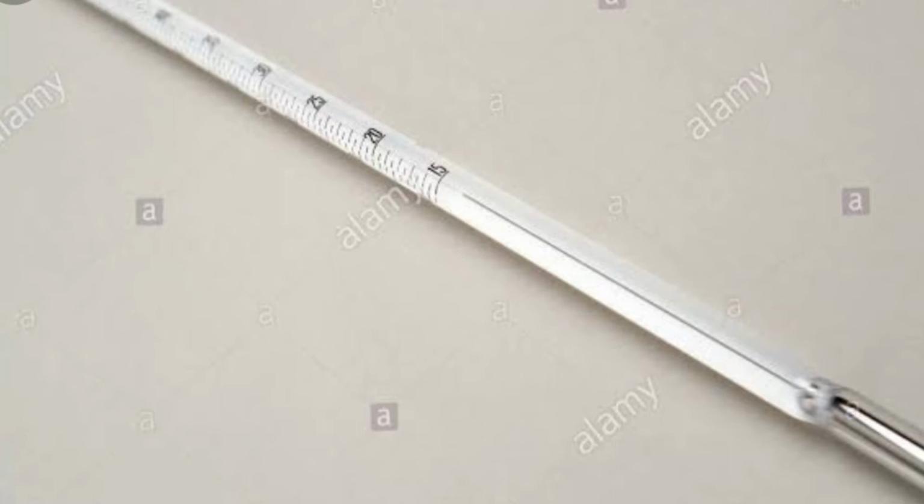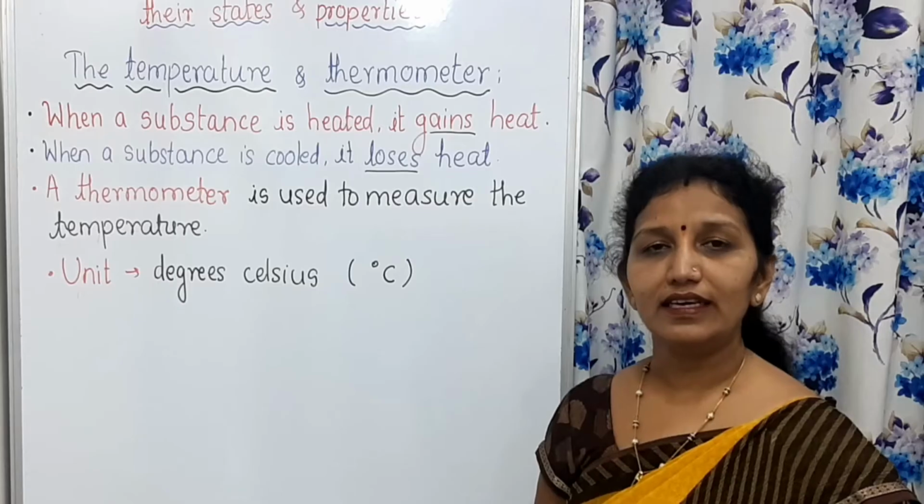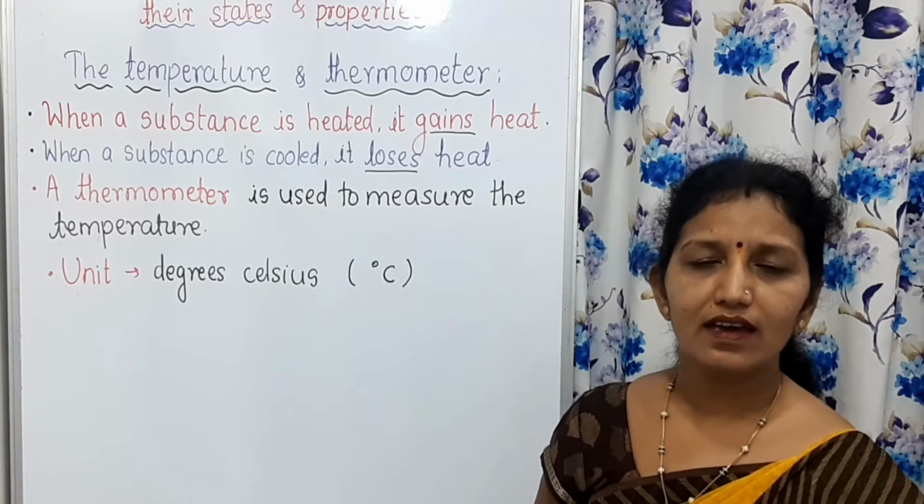There is a capillary tube, and through that capillary there is a rise. If there is a rise in the temperature, that mercury will go up and it will show the fluctuations in temperature by accurate readings. That is usually used in laboratories or everywhere.